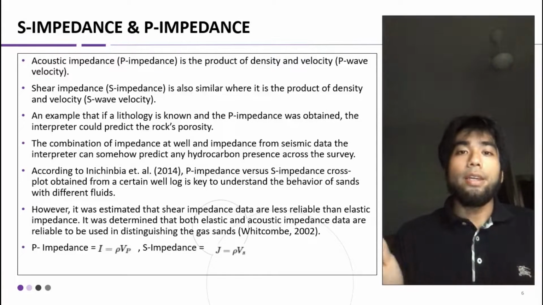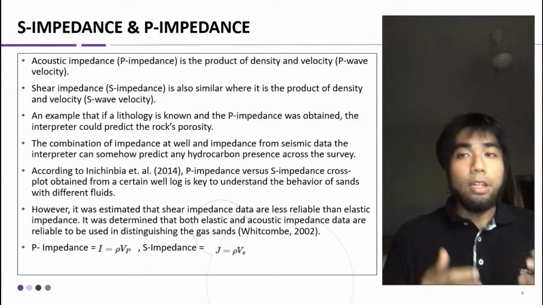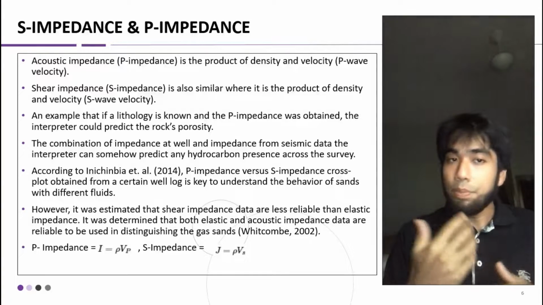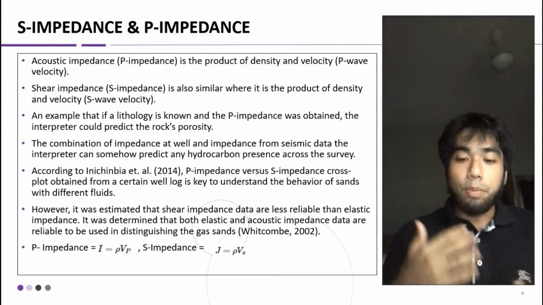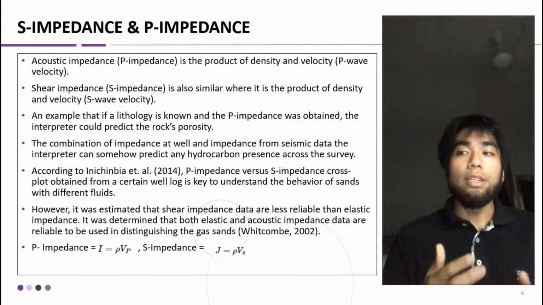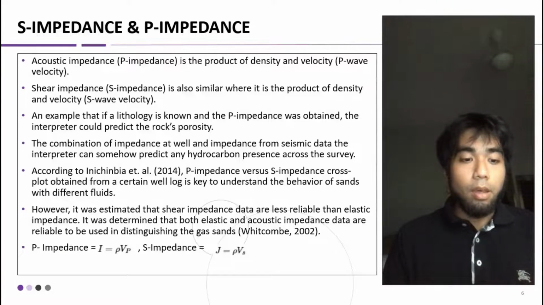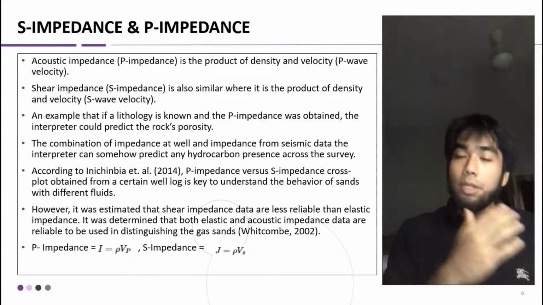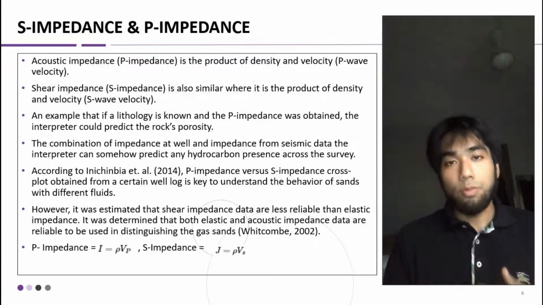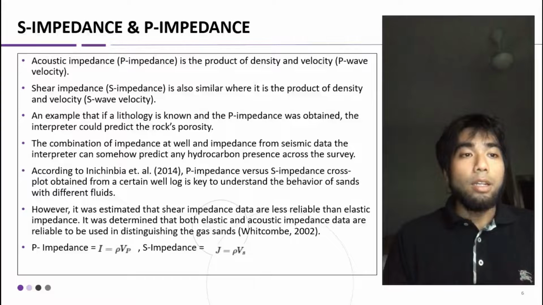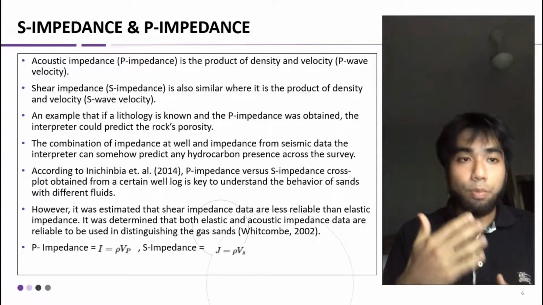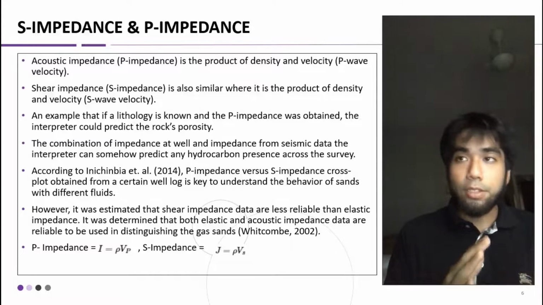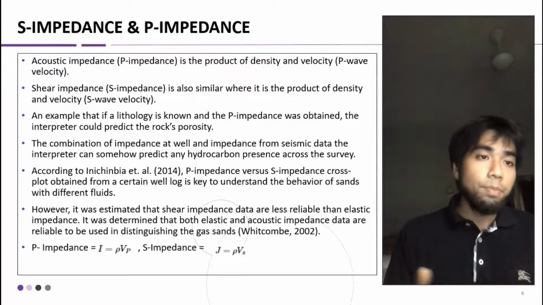Just for an example, if a lithology is known and the P impedance was obtained, the interpreter could predict the rock's porosity. Moreover, with the combination of impedance at the well and impedance from seismic data, the interpreter could also predict any hydrocarbon presence across a certain survey.